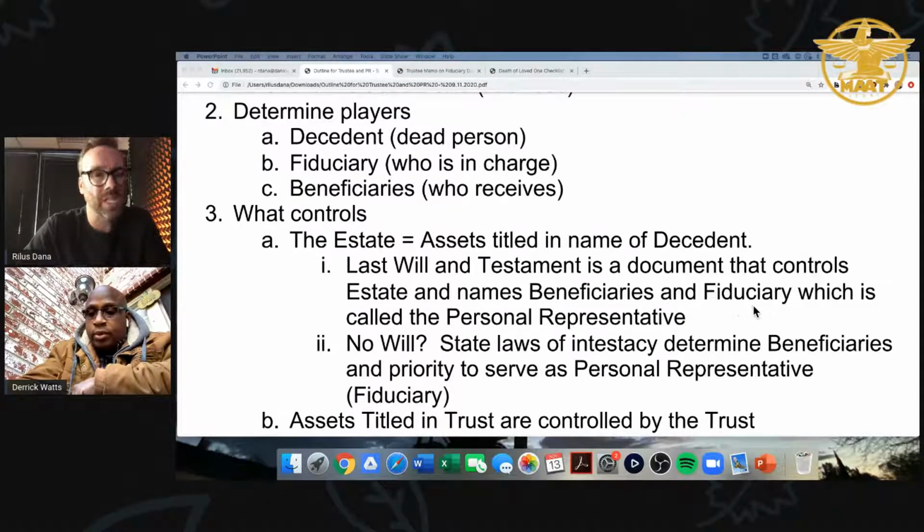If the person named as the fiduciary, the personal representative, doesn't want to serve, it's possible that they can resign and appoint someone else. But it's a good idea, if you go to them, or you can start with the attorney, to get as many facts as you can.